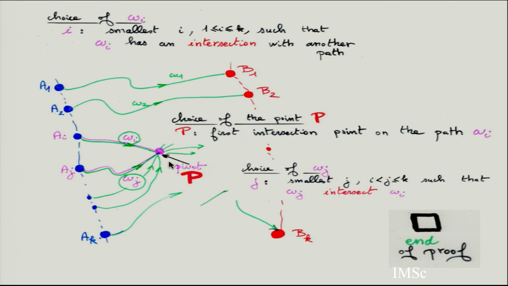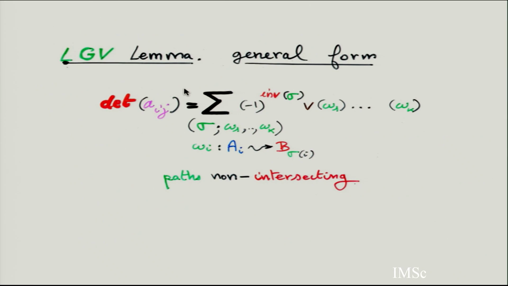In the case of the crossing condition, if I don't have the crossing condition, I can do exactly the same, but maybe some plus and minus terms remain. So the general form of the LGV lemma is you have a summation, determinant of I J, exactly the same.